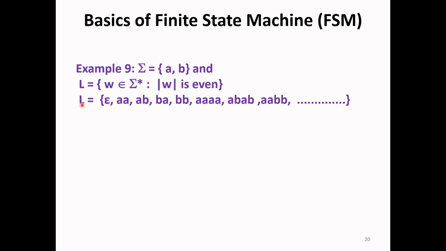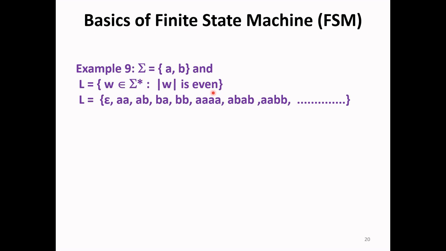Possible strings in this language are: no occurrence of A or B represents epsilon, AA with string length even, AB or BA with string length 2, BB with string length 2, AAAA with string length 4. So similarly, it can be either A or B, but the string length must be even.